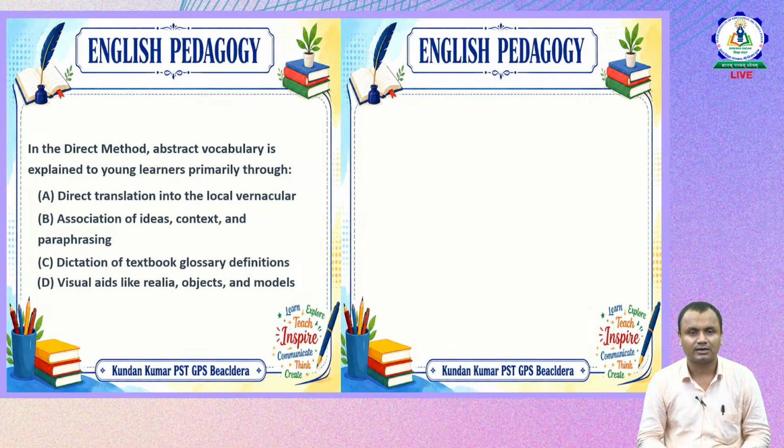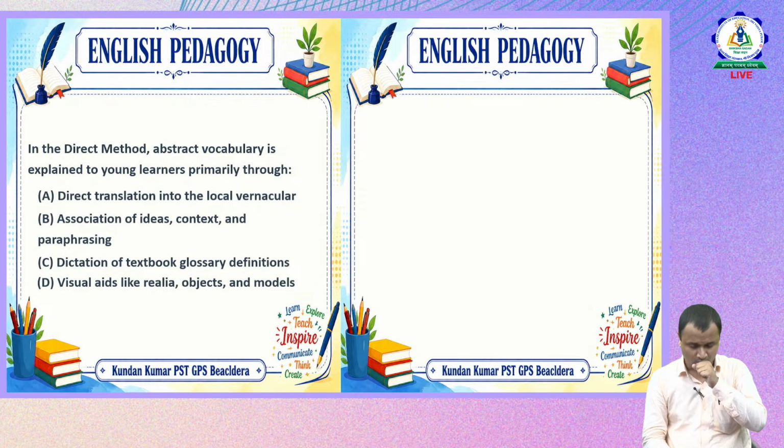In the direct method, abstract vocabulary is explained to young learners primarily through... If you have to teach abstract vocabulary, which means vocabulary for which the students will not generally be able to make mental images, how will you help the student to form mental images to understand the abstract concept?